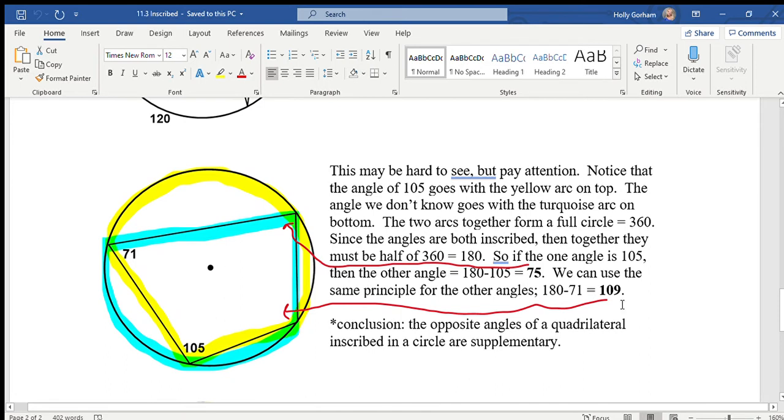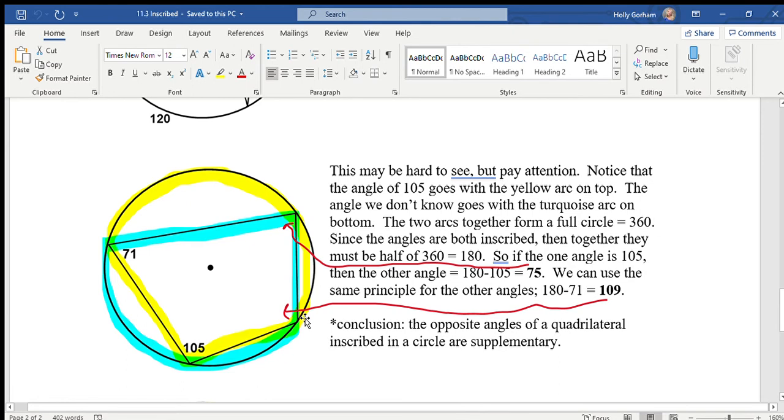Continuing on, in this next one, just try to follow along. I've got a lot highlighted here, and I'm going to try and explain it. It says, notice that the angle of 105 goes with the yellow arc on top. So you've got this inscribed angle of 105. Follow the sides of the angle and it intercepts this yellow arc up top.